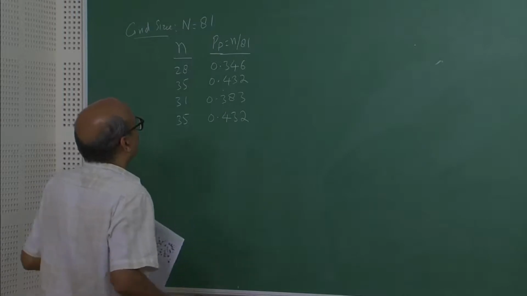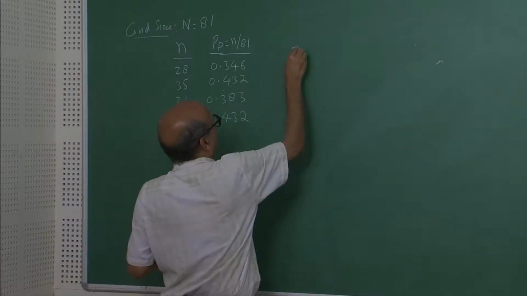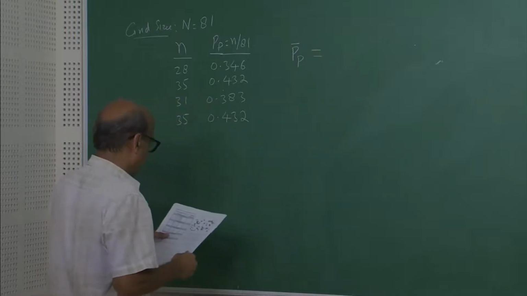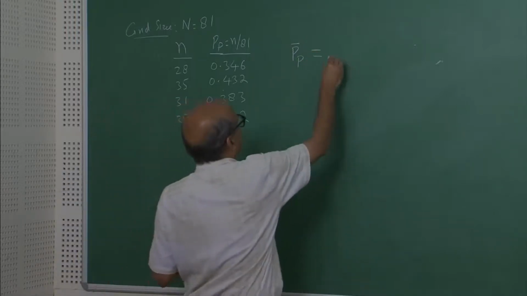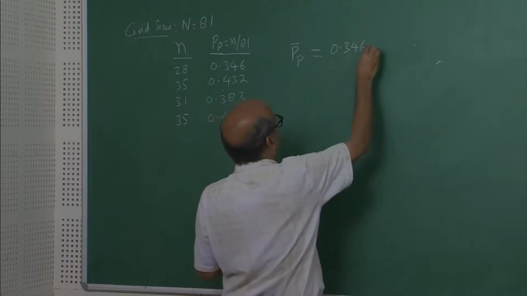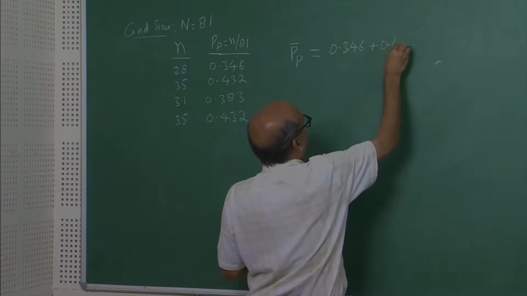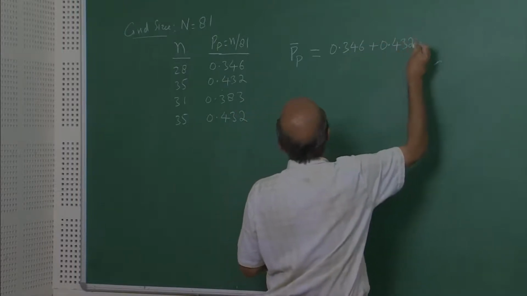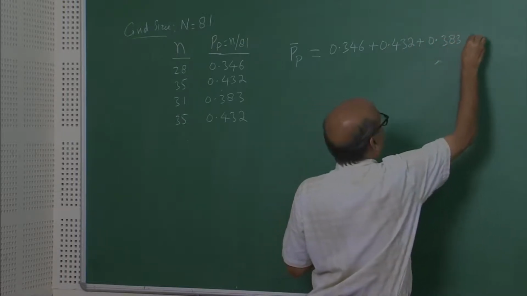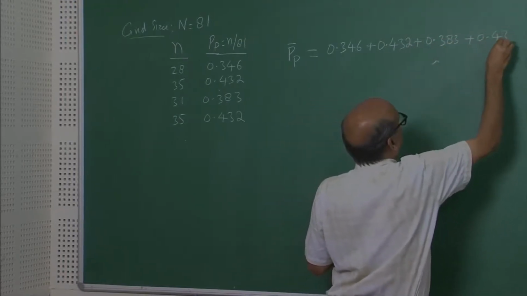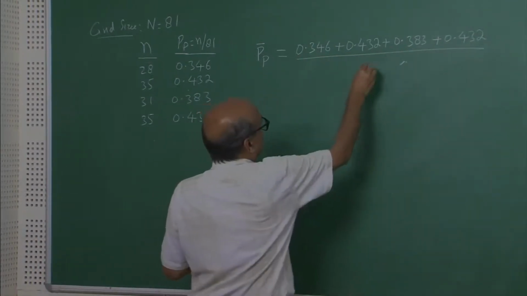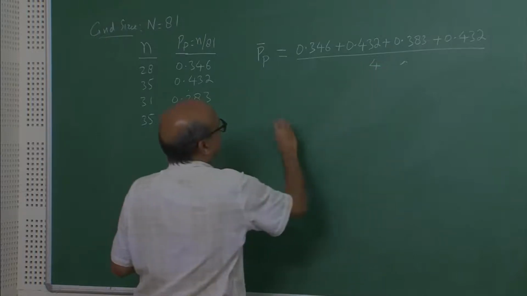Now, to get, first of all, the mean value of the point fraction, you simply add up all the 4 point fractions I have got: 0.346 plus 0.432 plus 0.383 plus 0.432, divided by the number of measurements, and that is 4.